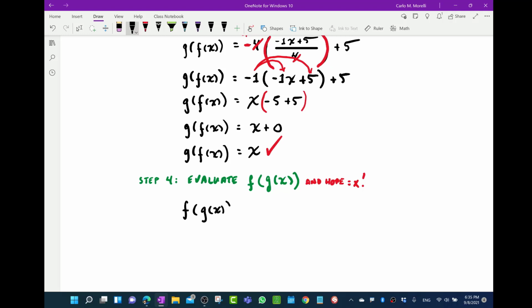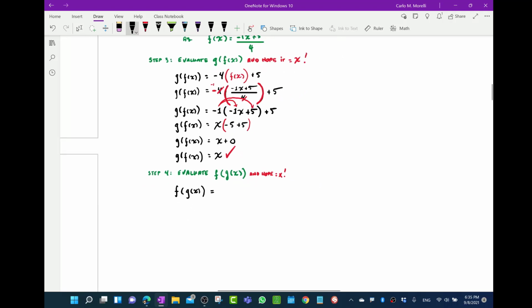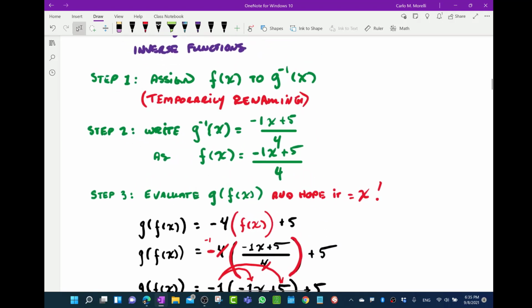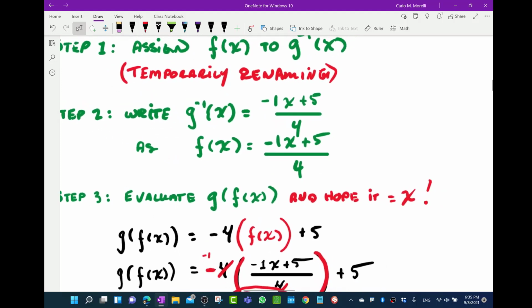Okay. So what we're going to use for this is this framework right here. f of x equals negative 1 times x plus 5, over 4. Where you see this x right here, we're going to replace it with open parentheses g of x, close parentheses.